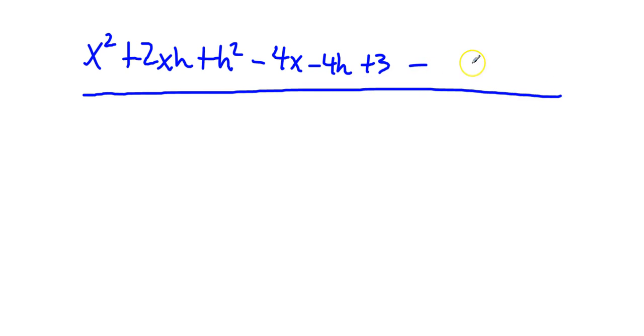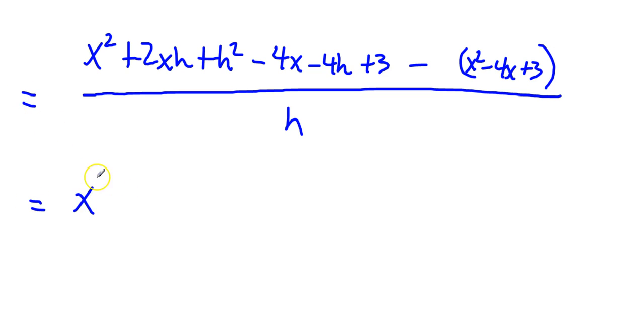Then we've got to do minus f of x, which was x squared minus 4x plus 3. And that's over h. Okay, now here's the catch with these. Anytime you're doing these, it's always going to be the same thing. Anything that doesn't have an h will combine like terms and go away.